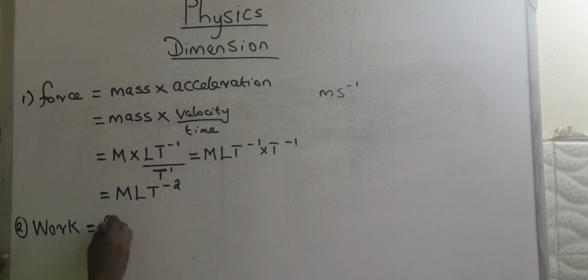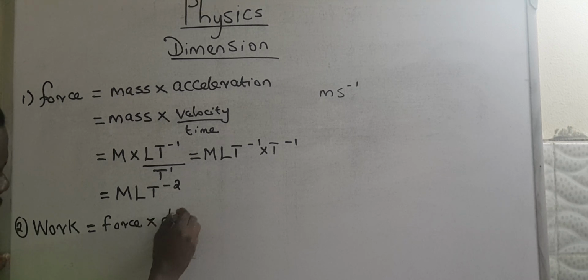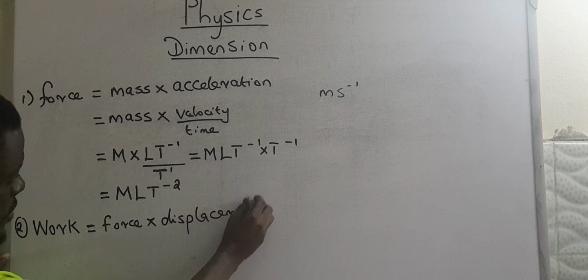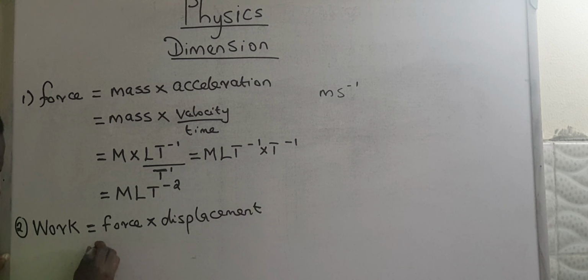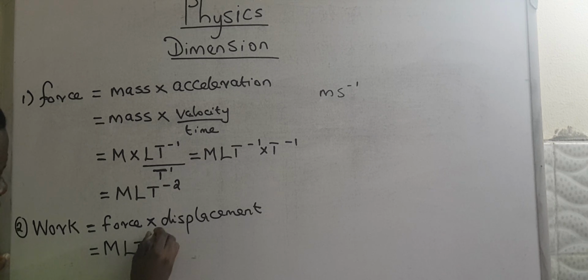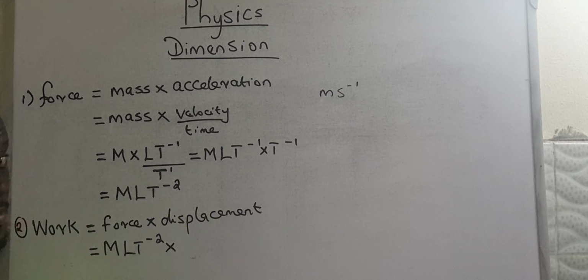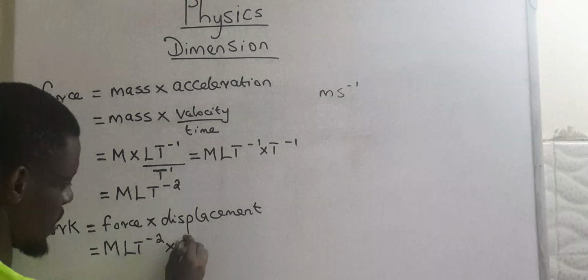Work is force times displacement. Now dimension of force is M L T to power minus 2. Displacement is in form of length. So dimension of displacement is same as dimension of length. So we have L here.